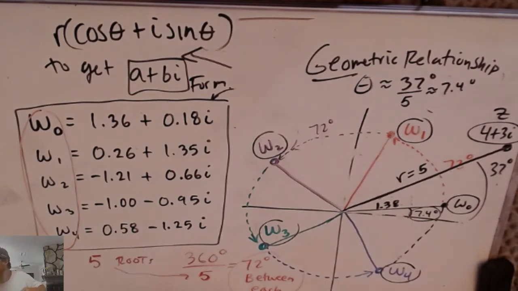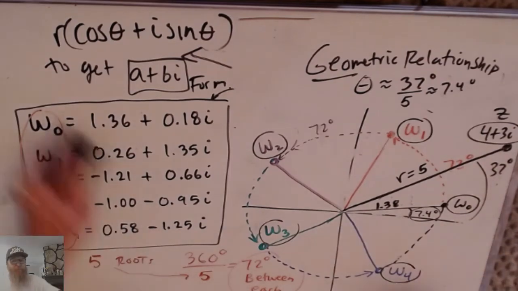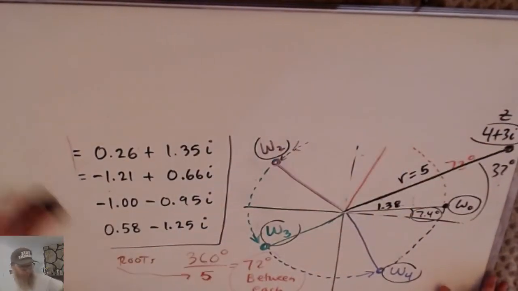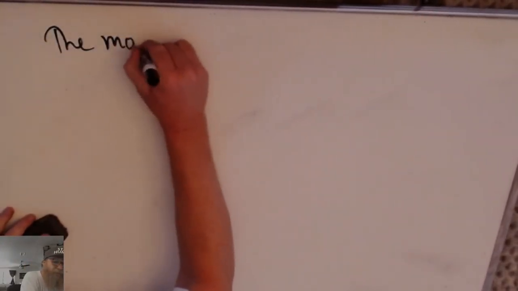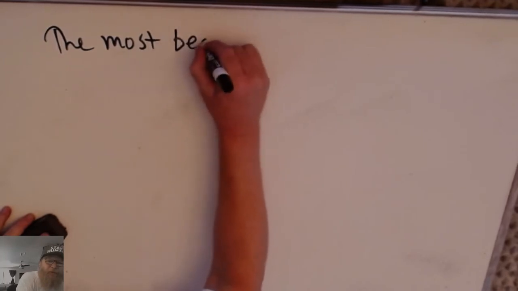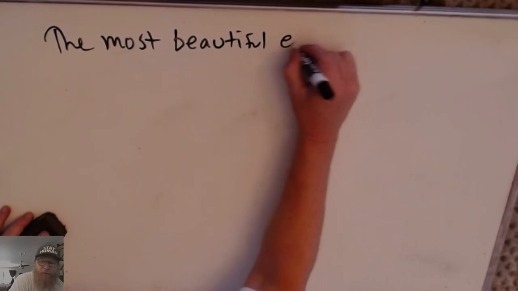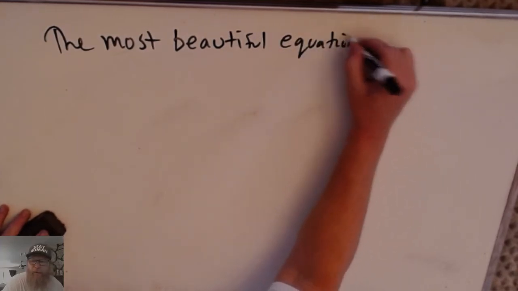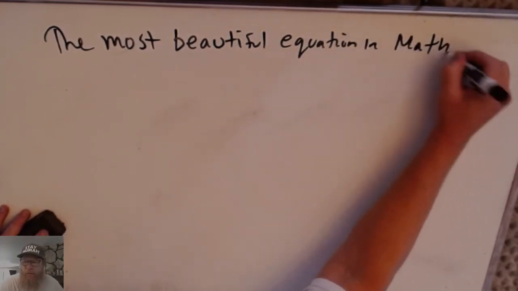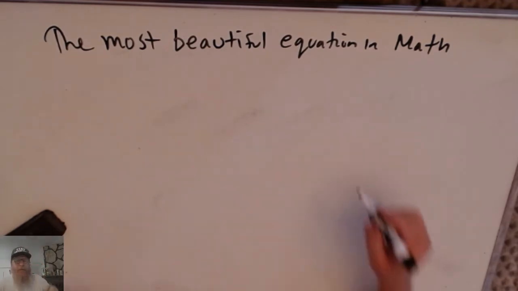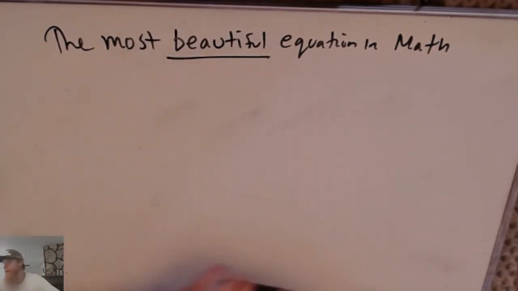And I want to show you one last thing. This is sometimes referred to as the most beautiful equation in math. Of course, that's certainly a subjective term, but it's very, very common to call it that.